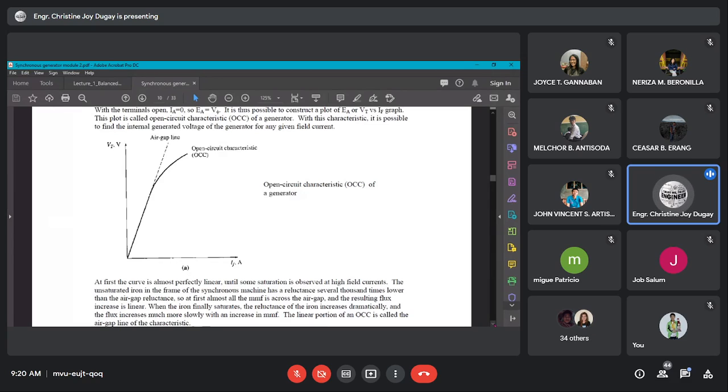When the iron finally saturates, the reluctance of the iron increases dramatically and the flux increases much more slowly with the increase of the MMF. So the linear portion of the OCC is called the air gap line of the characteristic. Bago pa man siya magsasaturate, ito po yung air gap line po natin. Magkakaintindihan po ba tayo?